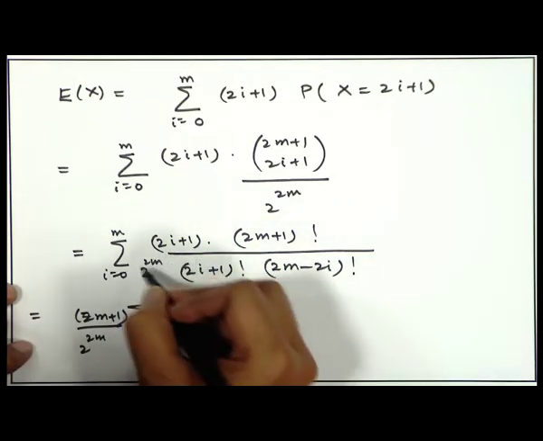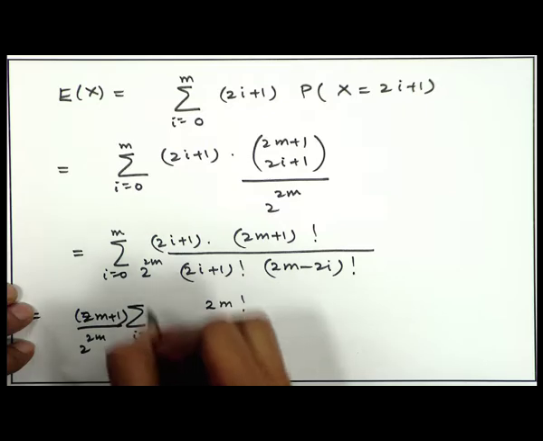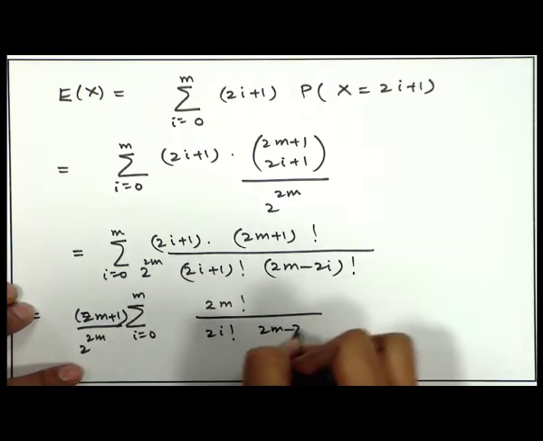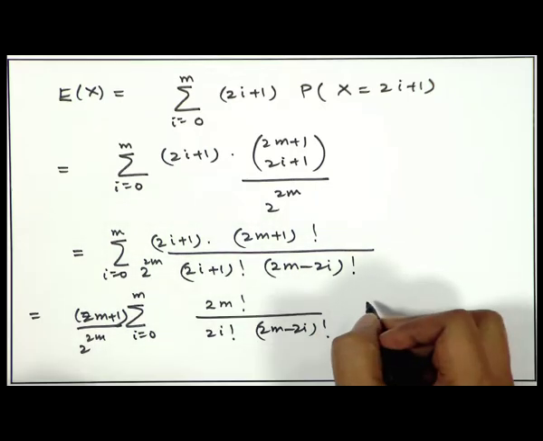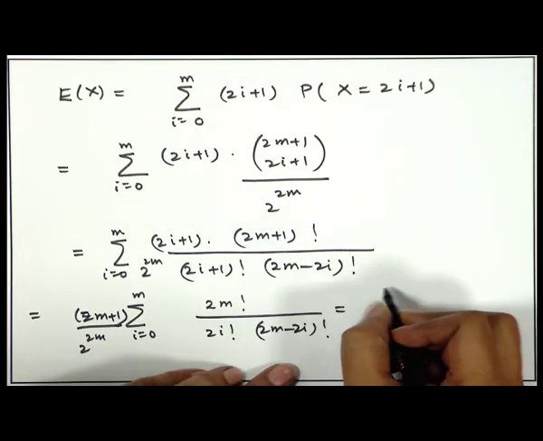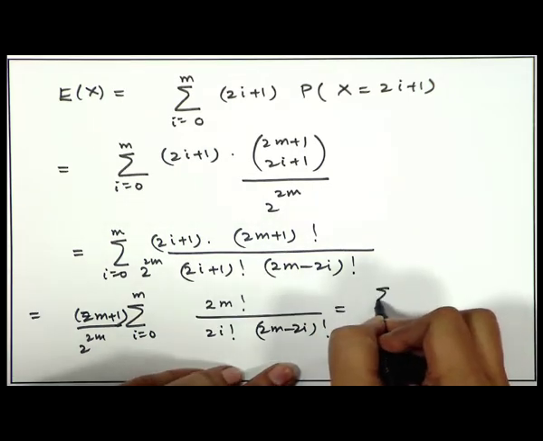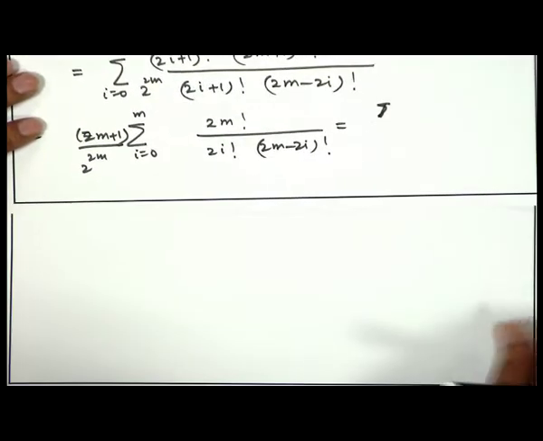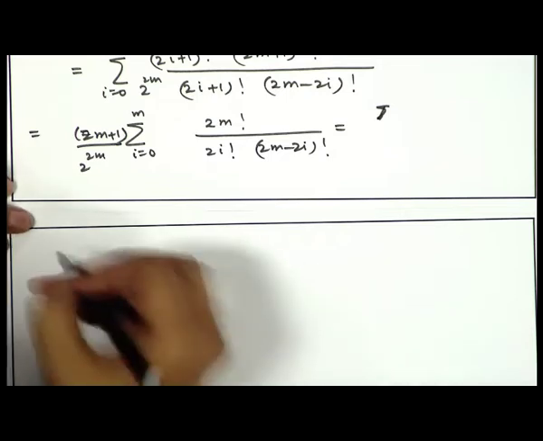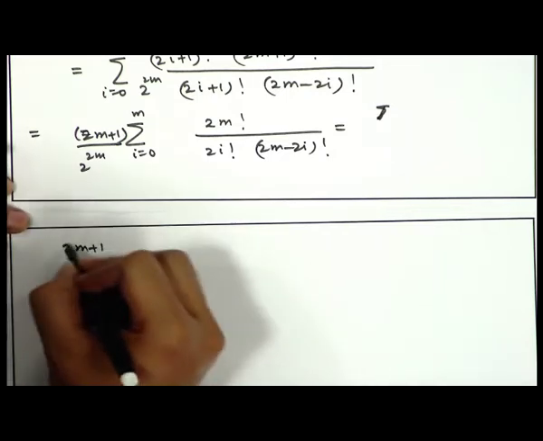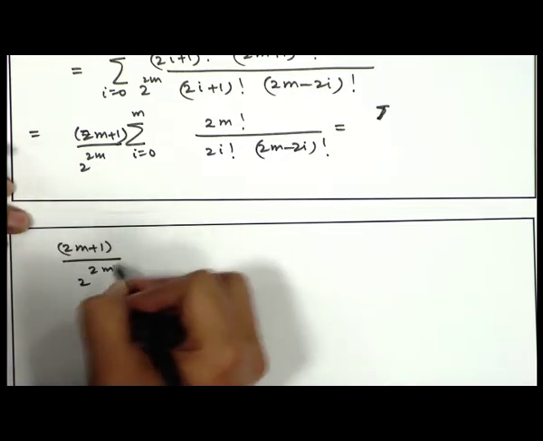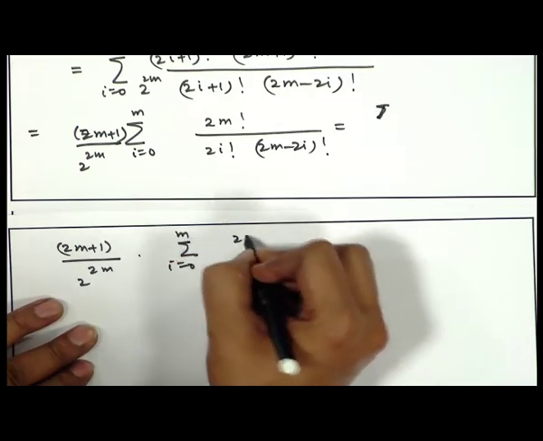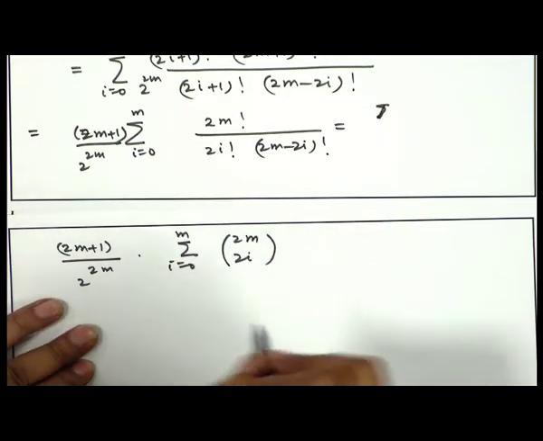This term does not involve i, so we can take it out of the summation sign, divided by 2i factorial and 2m minus 2i factorial. So, that is equal to 2m plus 1 divided by 2 to the power 2m, summation i equal to 0 to m, 2m choose 2i.